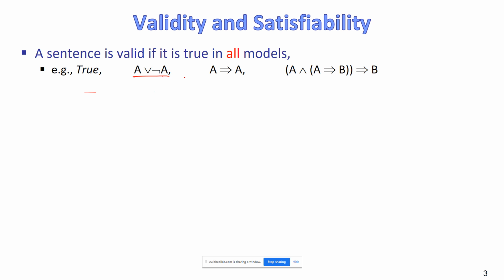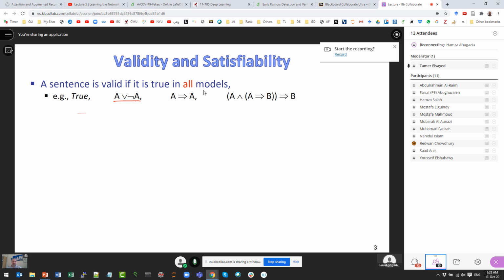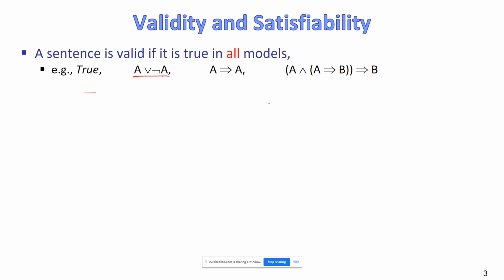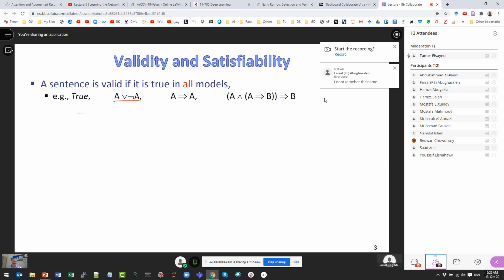A sentence or a proposition that is always true. How did we call this? Many of you actually took discrete math with me before, so you should remember. Anyone remembers the name?